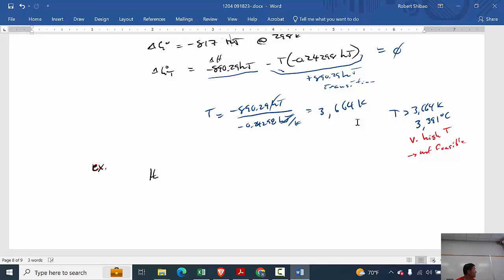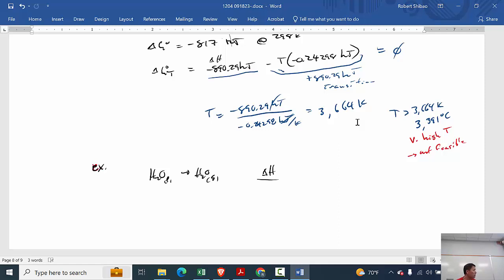Let's look at a non-spontaneous reaction here: H2O liquid goes to H2O gas. Let's look at delta H for this. Is it positive or negative? To vaporize water, do you have to add energy or remove energy?